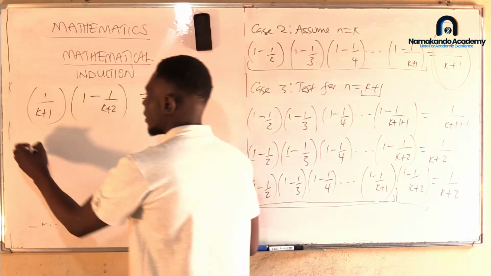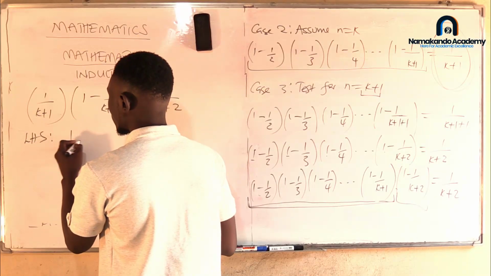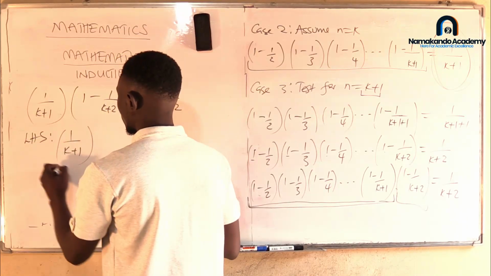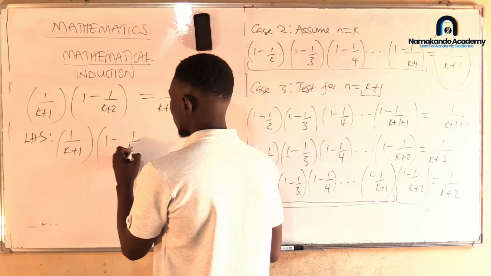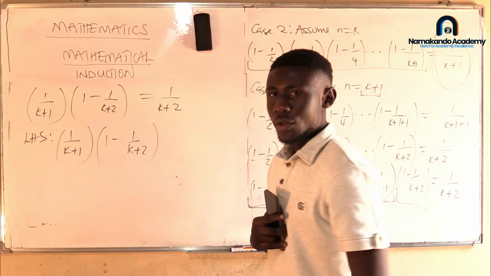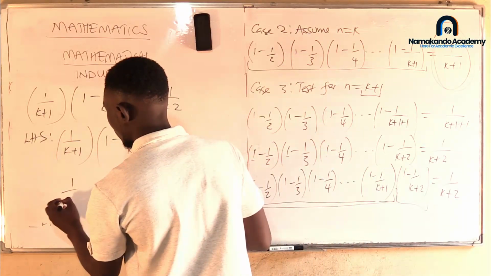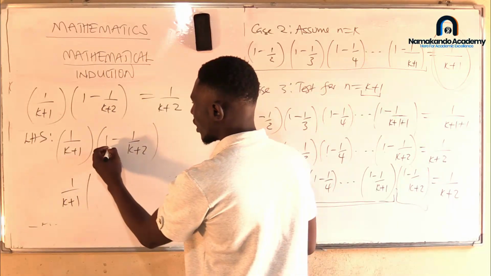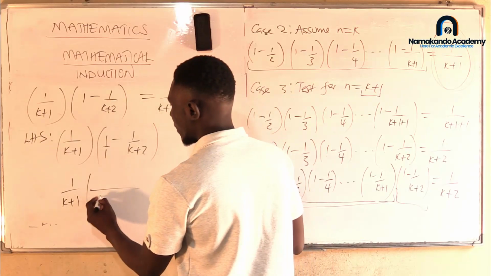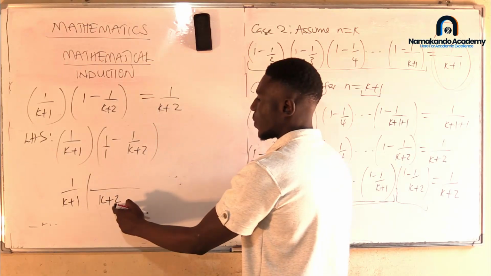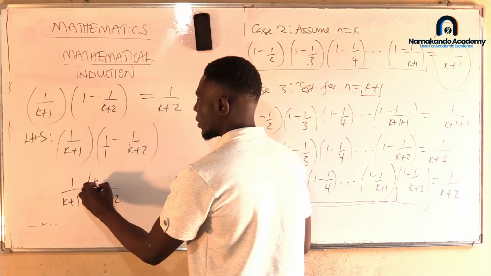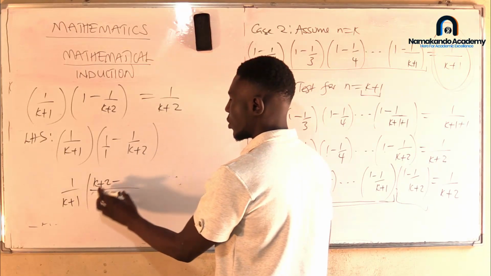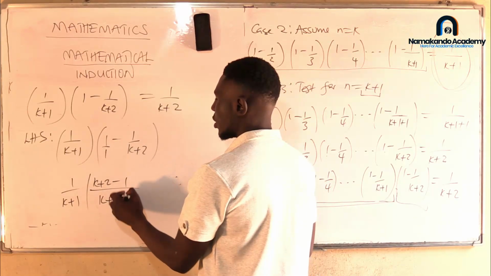So we work with the left hand side. We maintain this part. This is multiplying with, so for this one you can find the common denominator, which is k plus 2. So 1 into k plus 2 gives us k plus 2, then minus 1 times 1, you get 1.